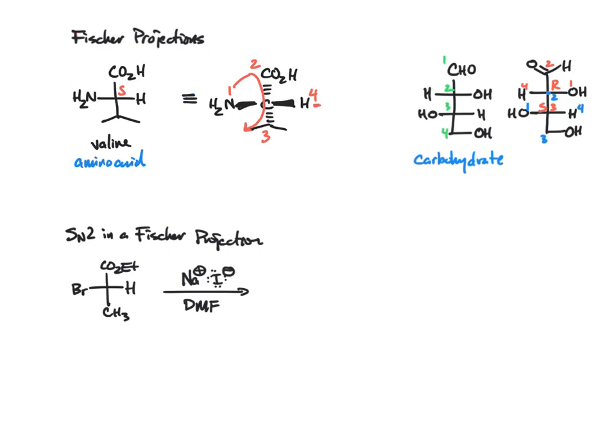The thing with Fischer projections, you can do a 180-degree turn. You can't do a 90-degree turn. I don't think you can switch groups like that. You're allowed to do a 180-degree rotation, for sure.